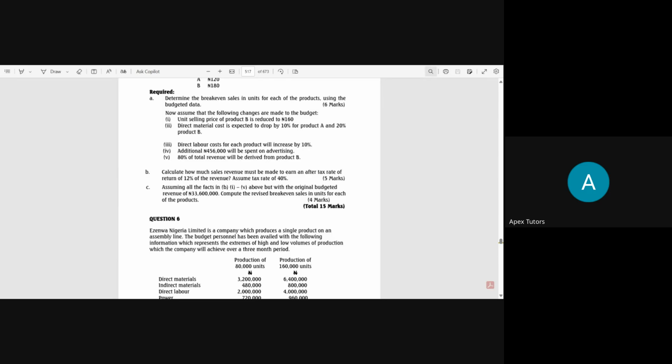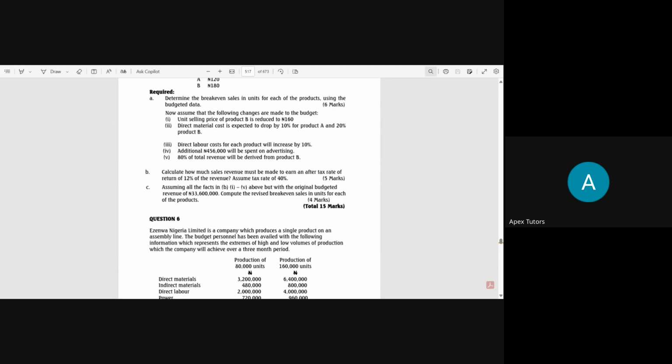That will be the revised value for direct material. And direct labor cost for each product will increase by 10%. It means 1.1 multiplied by the value of direct labor cost for A and for B. The new value is what you have to use to compute. Also, additional 456,000 will be spent on advertising.